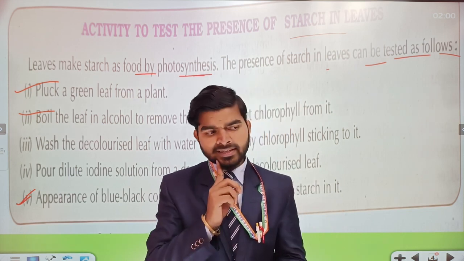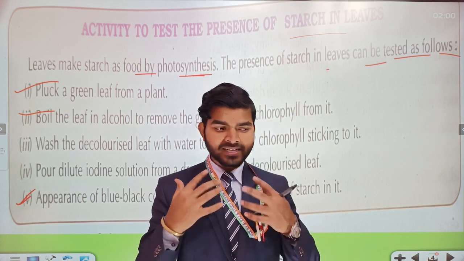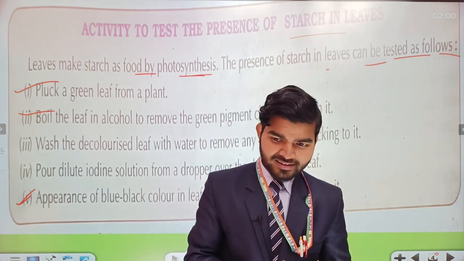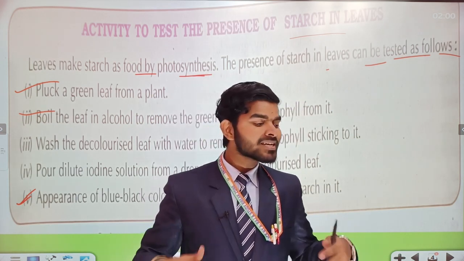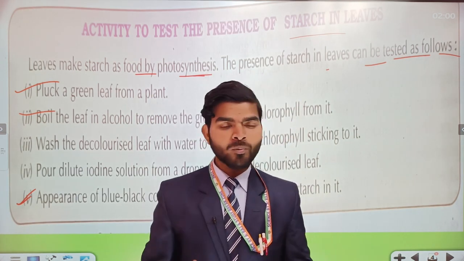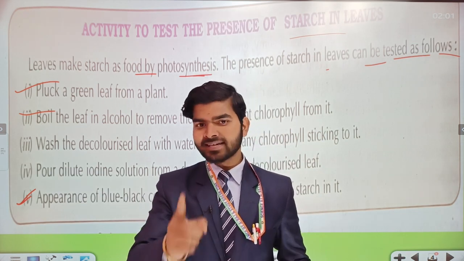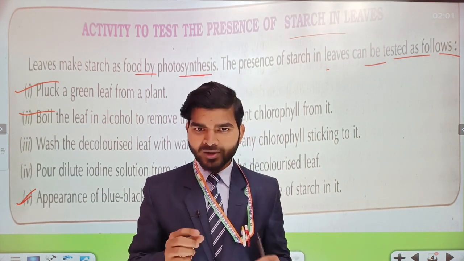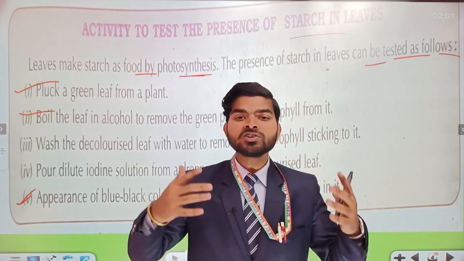So one may think, sir, why are you saying that we must boil that leaf in alcohol? Can you tell me some reasons? Obviously yes. I'm saying you need to boil because the color of leaves is green. I have told you why the color of a leaf is green, because of the presence of chlorophyll.